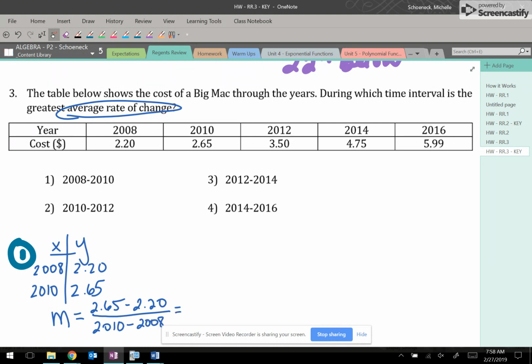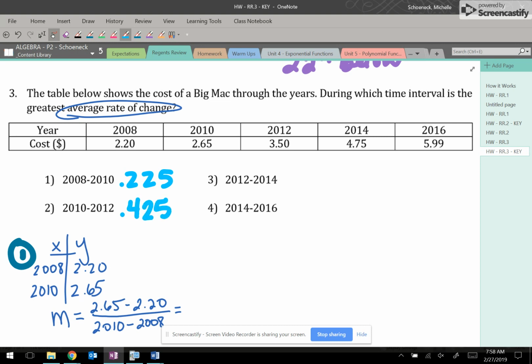Okay, go through right now and calculate each of these out. All right, and we'll do that right now too. This first one is 0.225. The next one is 0.425.